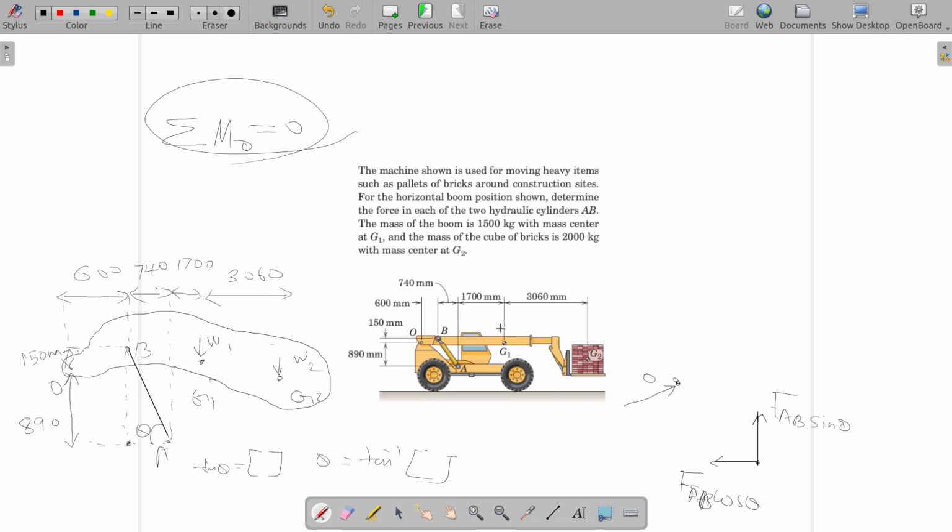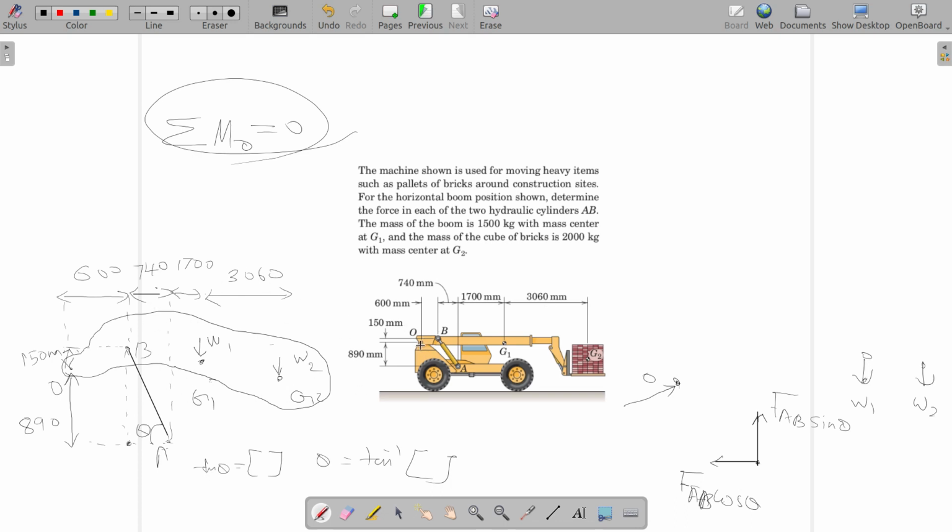So that term will disappear, and that will not be there in the equation. And the other forces are only two weights, nothing else. So here you have a weight W1 acting and another weight W2 acting here. These are the external forces on the arm.